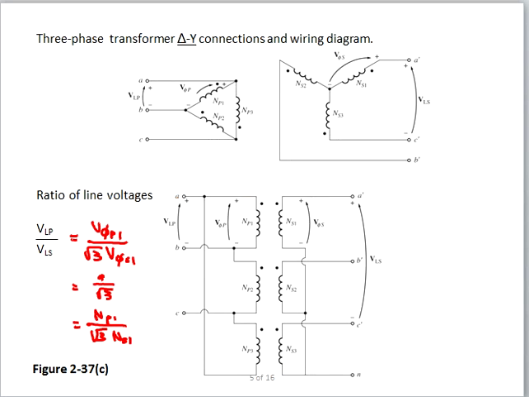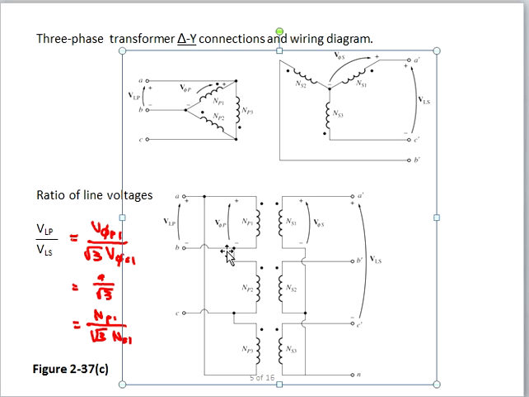For the second one, this is delta Y, and this is how it's connected. This is the primary, and this is the secondary.